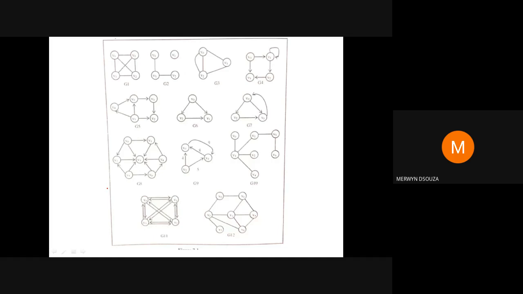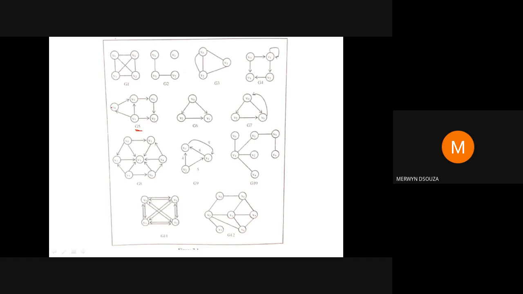Next definition is reachable. If there is a path P from a vertex u to vertex v, then we say that vertex v is reachable from vertex u via the path P. You can see, for example, here in the graph G5, the vertex V2 is reachable from the vertex V4.